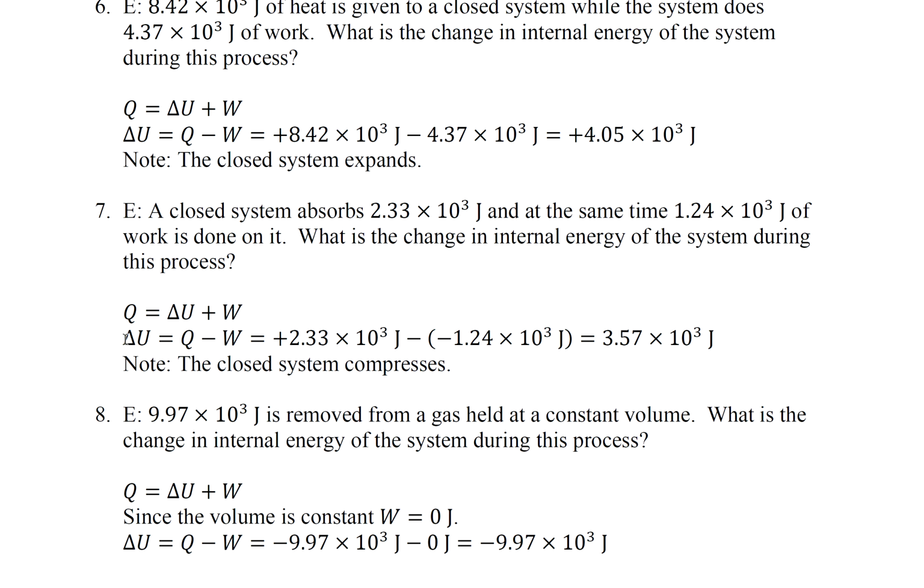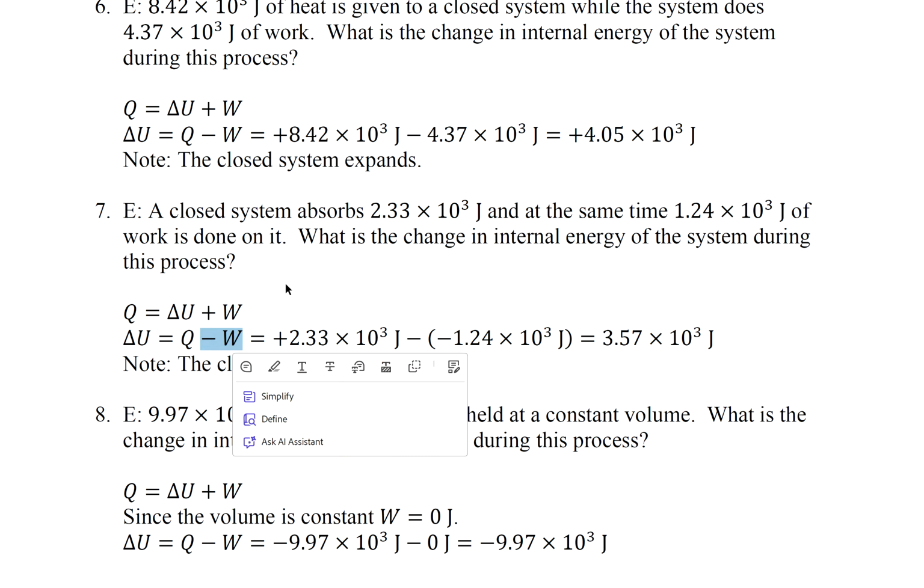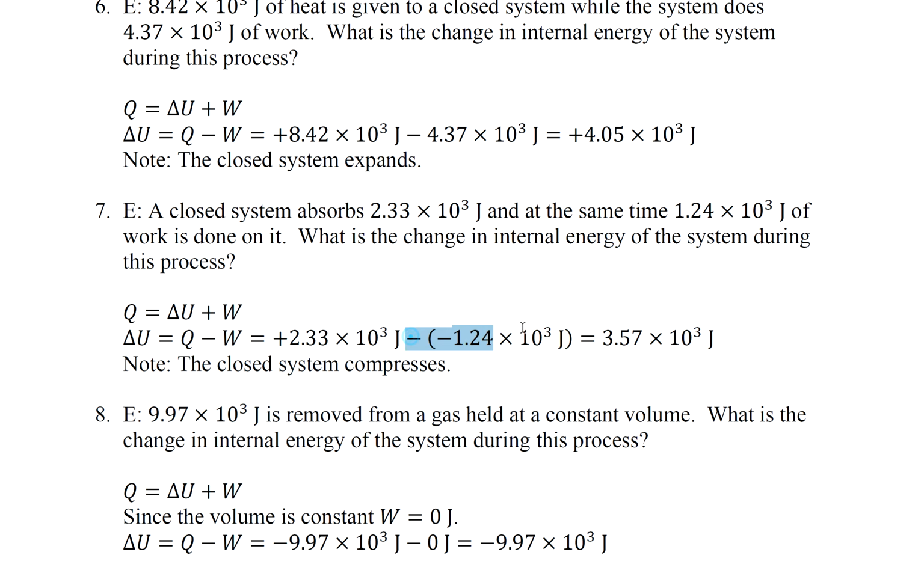Okay, so it says change in internal energy, so we solve for delta U. The work was done on it, so you notice this has a minus W and there are 2 negative signs here. So that's why our answer is positive. And the closed system compresses.